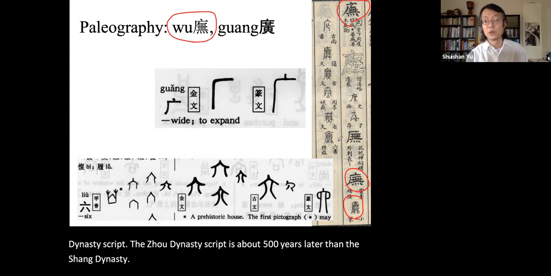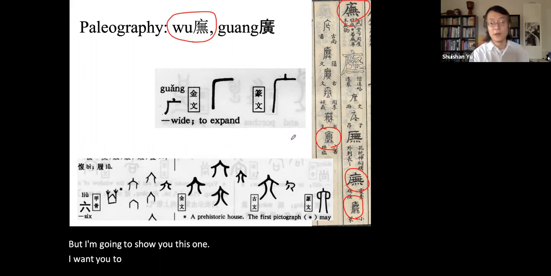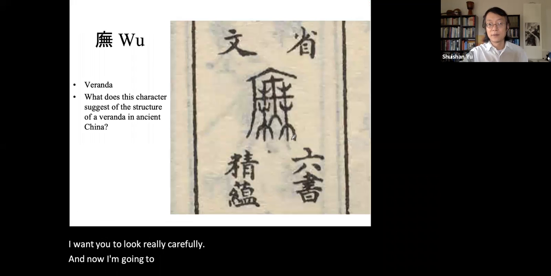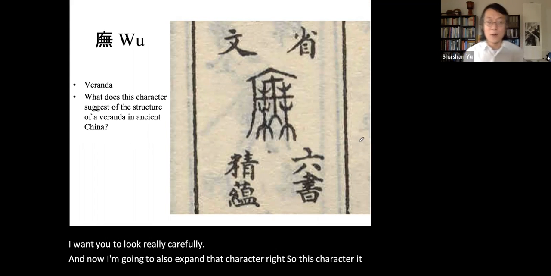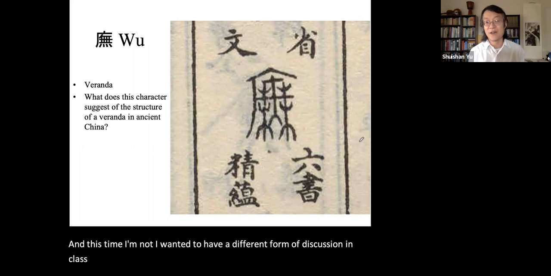But I'm going to show you this one. I want you to look really carefully. And now I'm going to also expand that character, right? This character means veranda. This time, I want to have a different form of in-class discussion. I'm not going to divide you into groups. Rather, I will just give you 2 minutes.